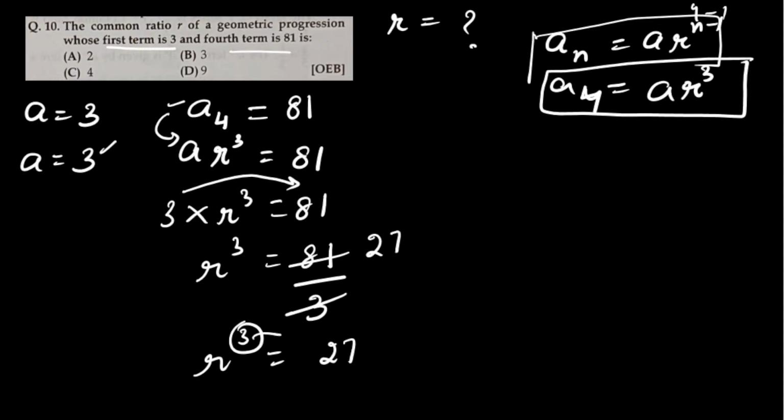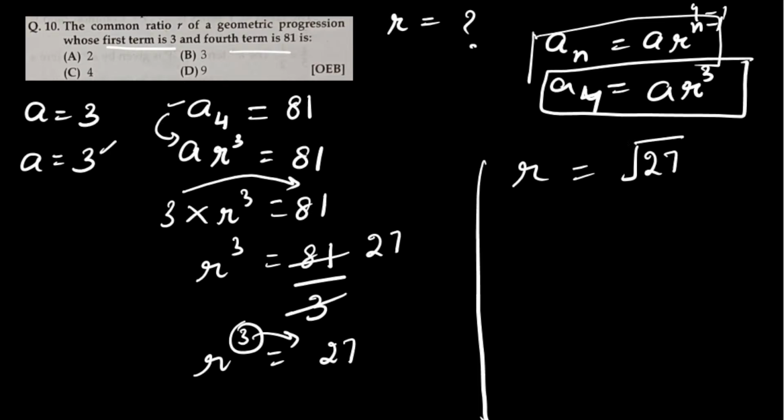This cube when you shift to the other side will become cube root. So R is equals to cube root of 27. So cube root of 27 is equals to what? 3. Tarun, Rehan, Avni have given the answer, Janvi has also given the answer. So R's value we found is 3, which is option B.